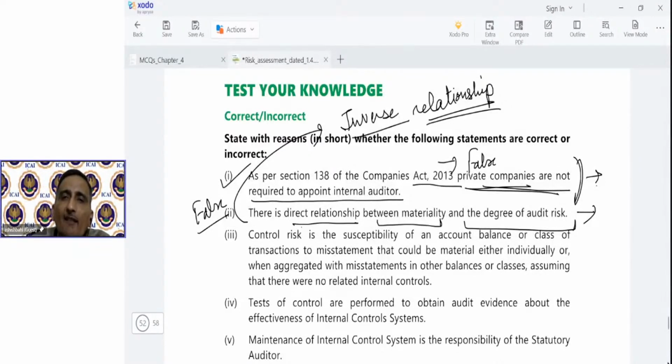Low level means that he would set materiality at a threshold such that transactions crossing above the threshold also become material to him. So you have to understand that there is an inverse relationship between materiality and audit risk. It is the opposite relationship. If one increases, the other decreases. Okay.